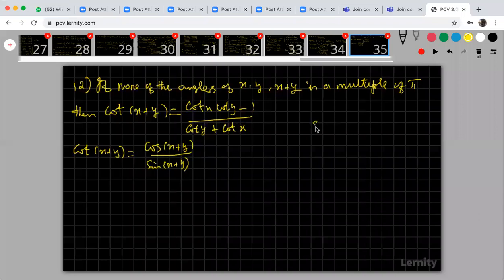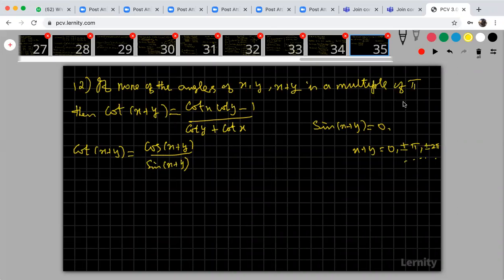Here sin of x plus y equals 0 when x plus y is equal to a multiple of pi, that is 0, pi, 2 pi, 3 pi, plus or minus pi, plus or minus 2 pi, and so on.